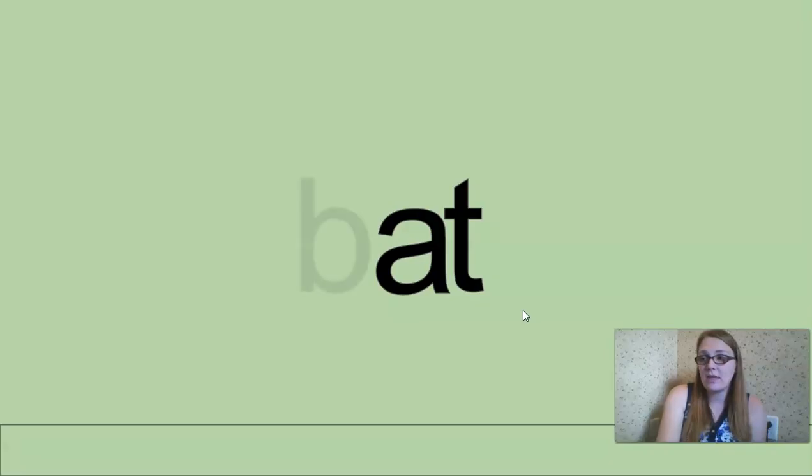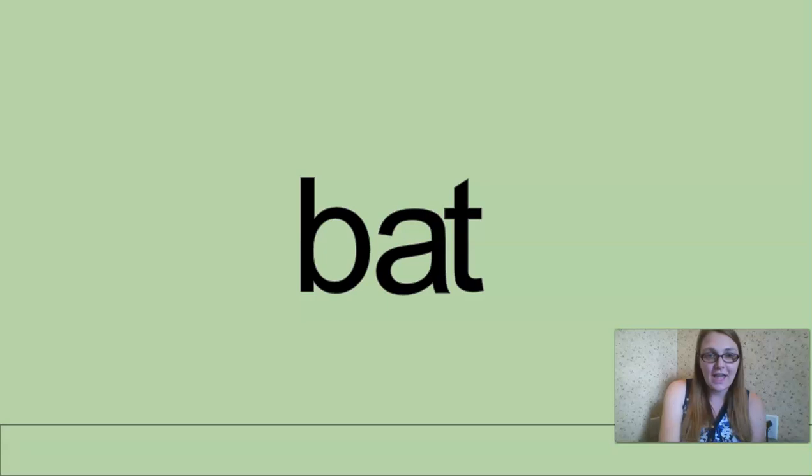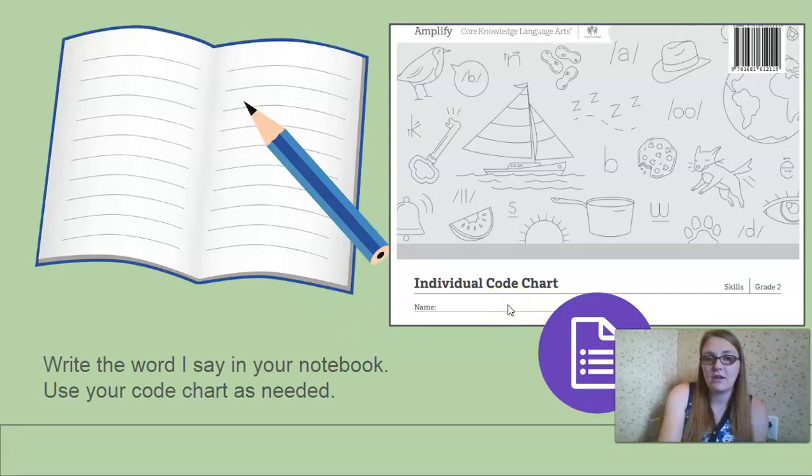Taking away the P again and adding in a B. We saw this word last time. Bat. And taking off the T and adding in a D. Bad. Very good.